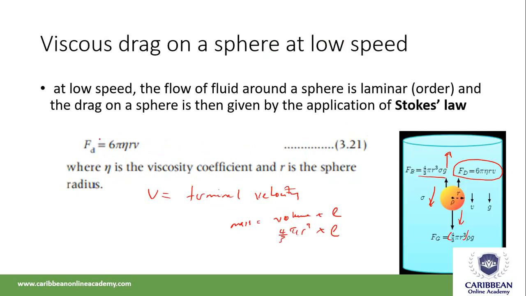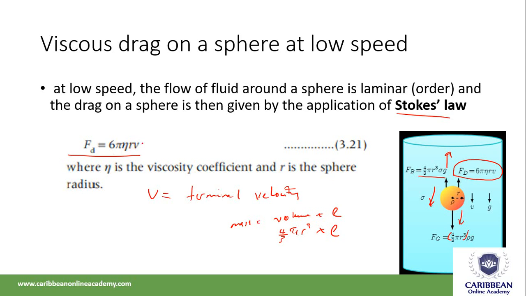Now, Stokes' law is this equation right here. It says that the frictional drag force is equal to 6 pi times the coefficient of viscosity times the radius times the velocity.